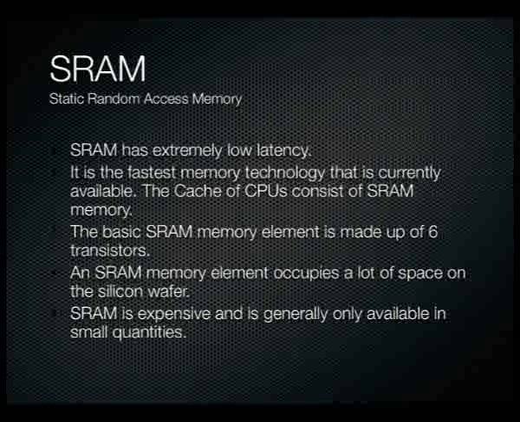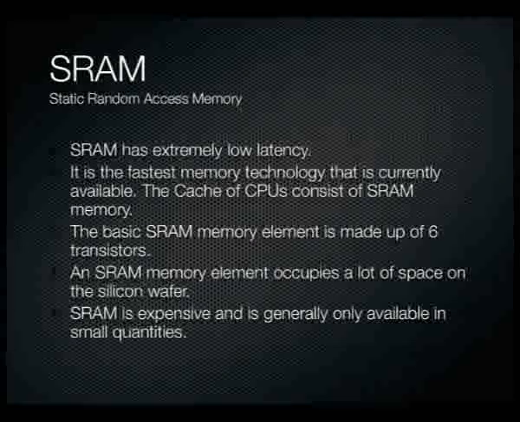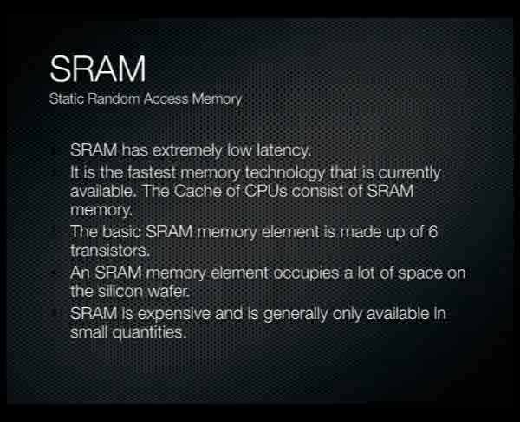The basic SRAM memory element is made up of 6 transistors. So previously the memory elements in our ROM technology consisted of no more than 2 transistors, and that was with the E²PROM, but generally 1 or 2 transistors per memory element in our ROM technologies. In our SRAM technology, we've got 6 transistors making up a single memory element.